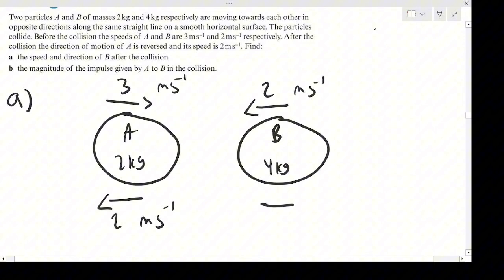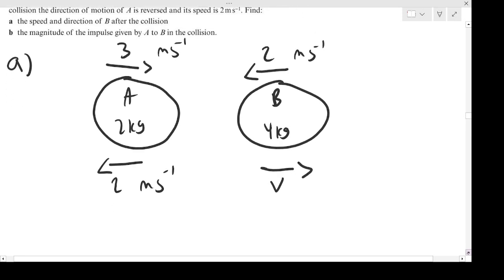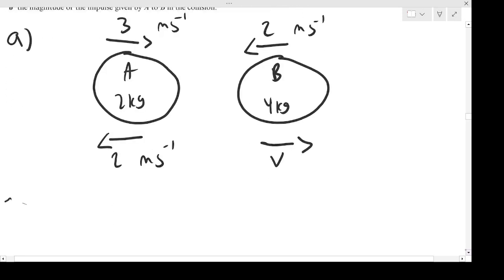But if we don't know any directions, we can just assume we go forwards. It just makes our life easier, because it's positive direction and we don't need to do anything extra. Let's just assume B goes forwards then. I'm going to call that speed v. Okay, so hopefully happy with the diagram. At this point, I'm going to apply conservation of momentum, right?